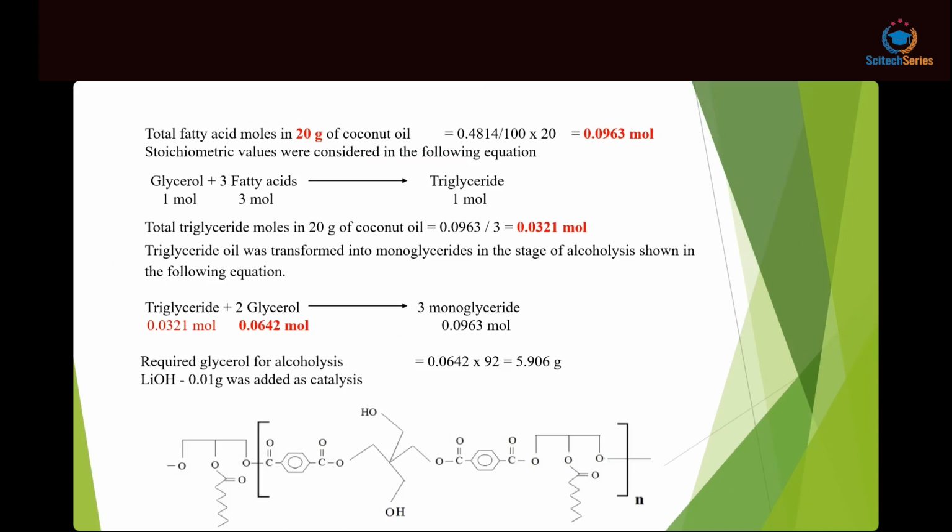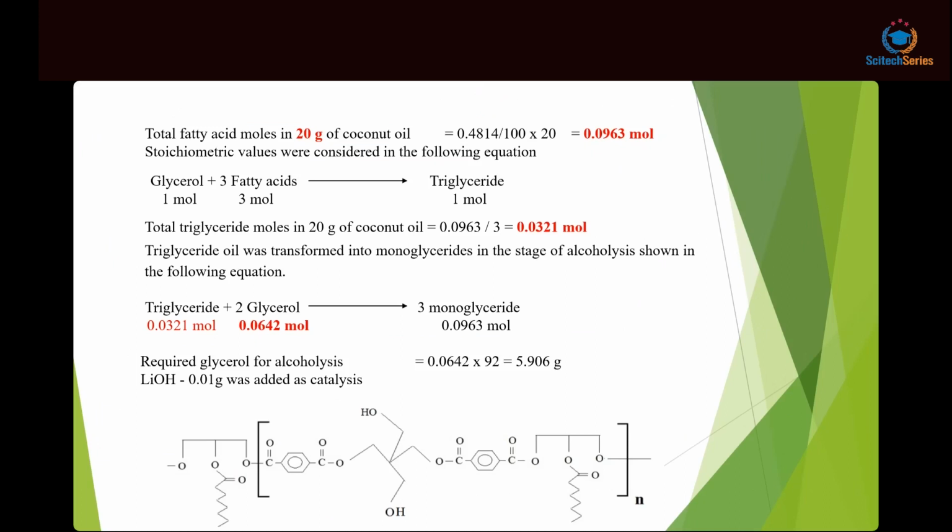It forms three monoglyceride molecules. So if you have 0.0321 moles of triglycerides, that is the available triglyceride moles in 20 grams of coconut oil, you require 0.0642 moles of glycerol to make monoglyceride molecules.